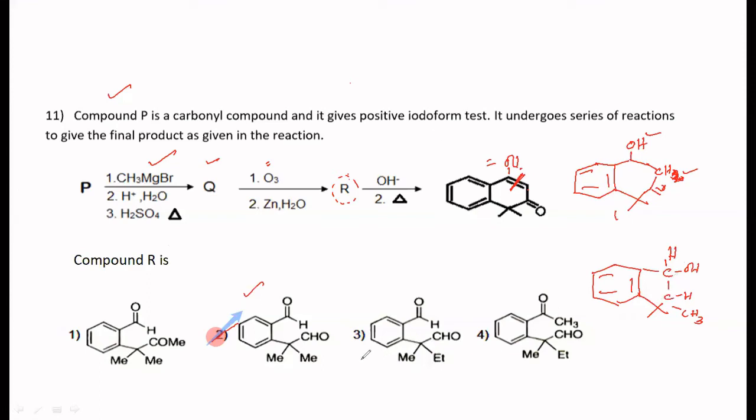This is what the compound is, isn't it? And this CH3 must have come from here, right? And therefore, your compound P, which is a carbonyl compound, the most appropriate one would be, which is the carbonyl compound now?